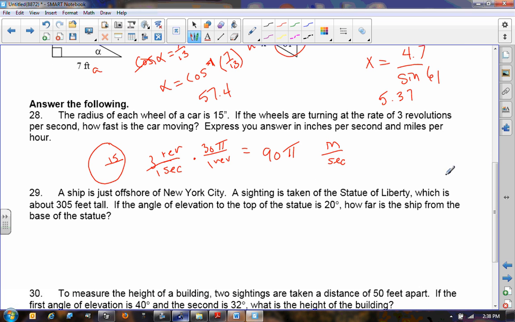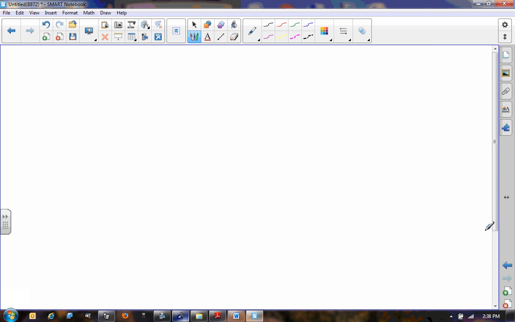All right, so now I got to go to miles per hour. So let me open up a new page here. We'd have 3 revolutions per second. I want to get to miles in an hour. All right, so I got to get seconds to hours, so let's work on that one first.